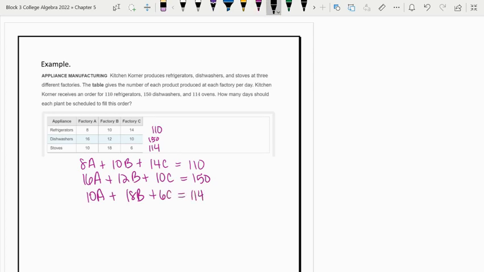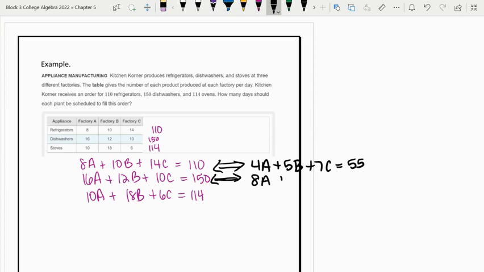Let's make these equations a little nicer to deal with. For instance, on the first one, it looks like they all divide by 2. So let's do 4A plus 5B plus 7C equals 55. The next one, it looks like they all divide by 2 again.